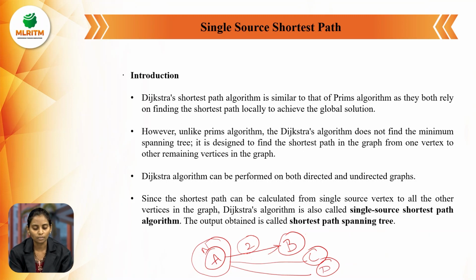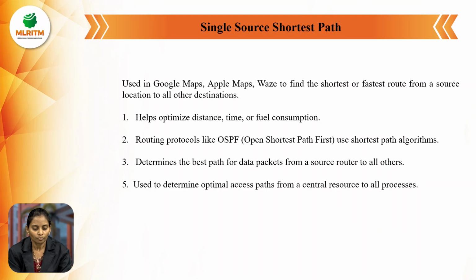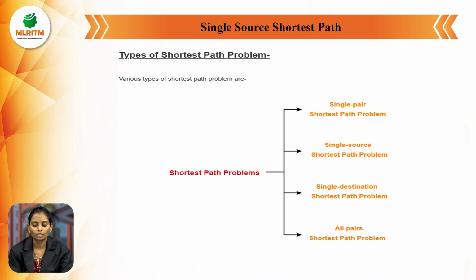Which preferably gives a shortest path. So in this we primarily discuss four specifications. First is the single source shortest path problem, and here we are going to discuss about the pair, source, destination and all pairs. Pair means we combine, from A to B, again B to A, and like that we check all the combinations one by one.